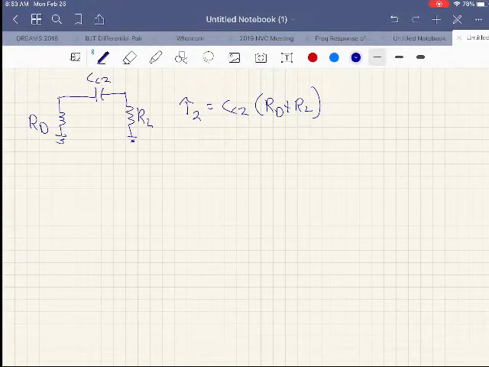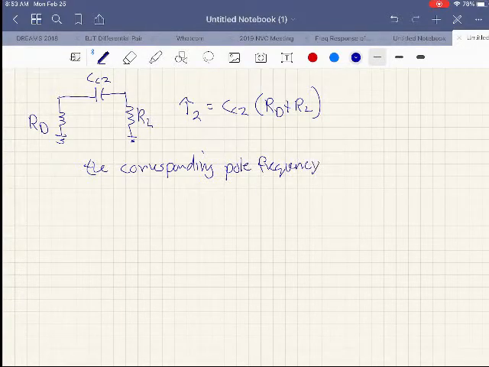The corresponding pole frequency, omega P, for each is the inverse of the time constant.